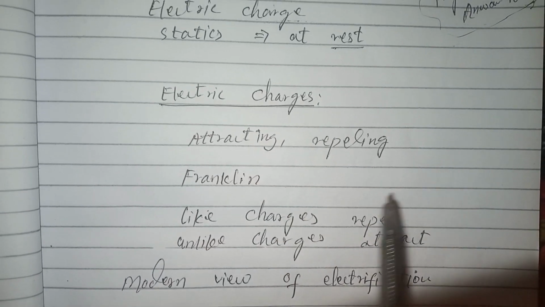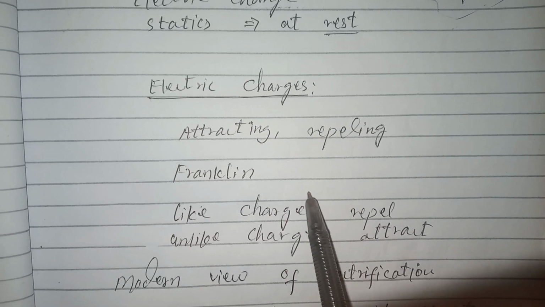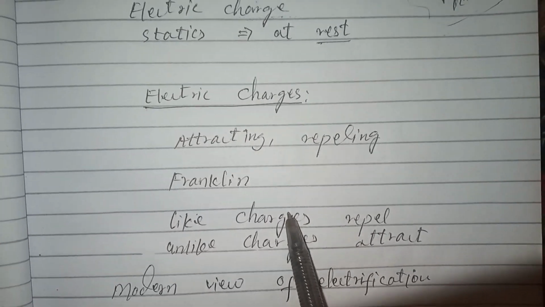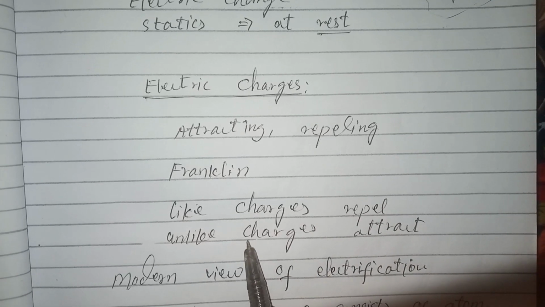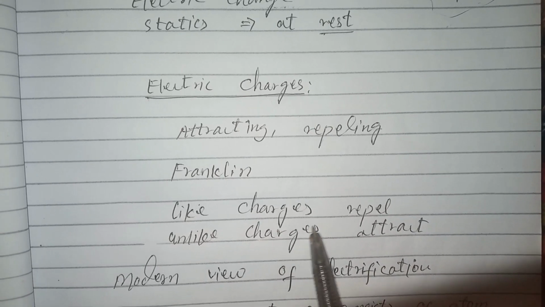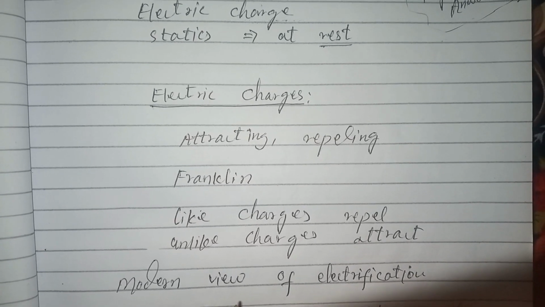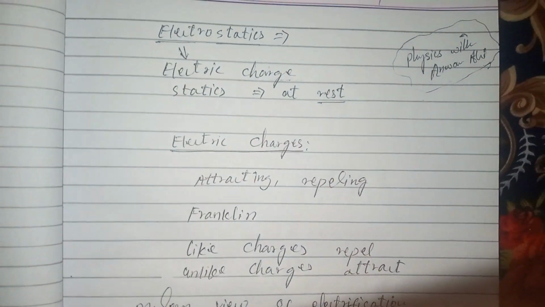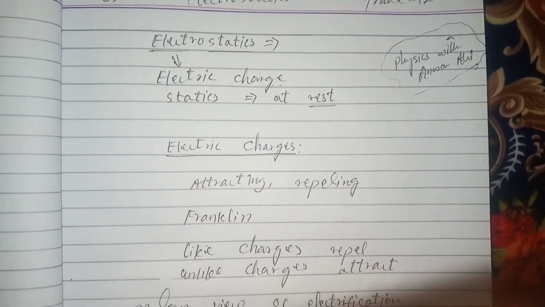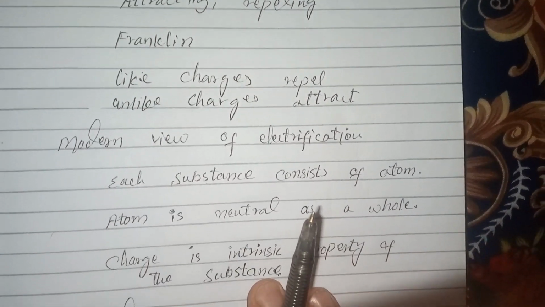This is merely a convention, and it has been experimentally found that like charges repel each other, and unlike charges, the opposite charges, attract each other. This was the traditional view on electric charge.